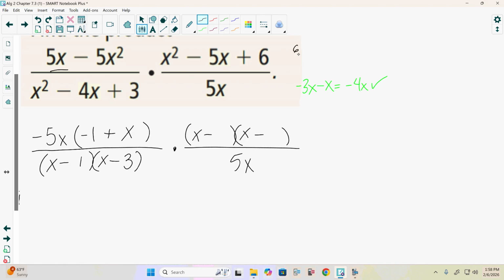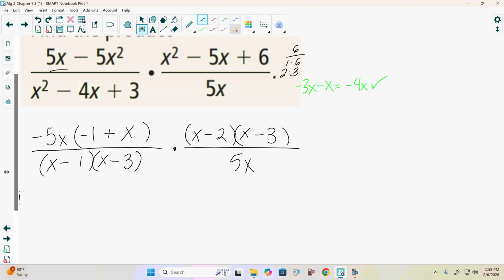Now our factors of 6, 1 and 6, or 2 and 3. 2 and 3, because really that x minus 1 has already been taken care of on bottom. Because the one on top of it, negative 1 plus x, is just x minus 1. So those are going to simplify for sure. So if we want something else to simplify, it's going to be helpful to use 2 and 3.